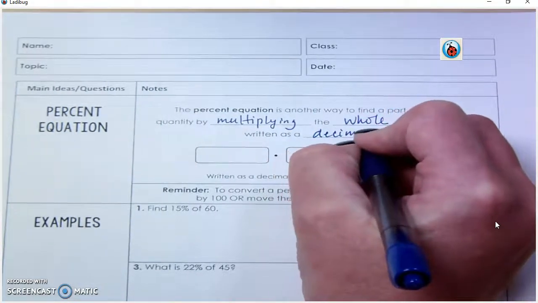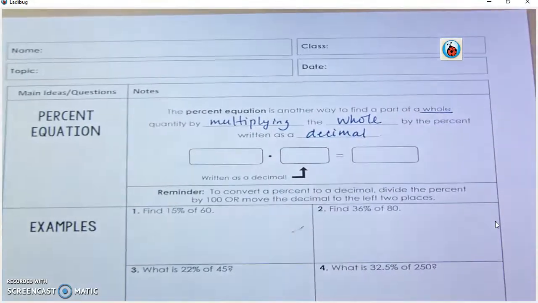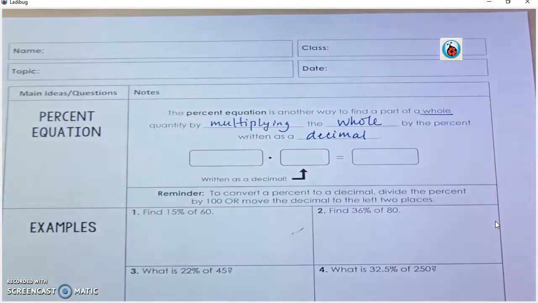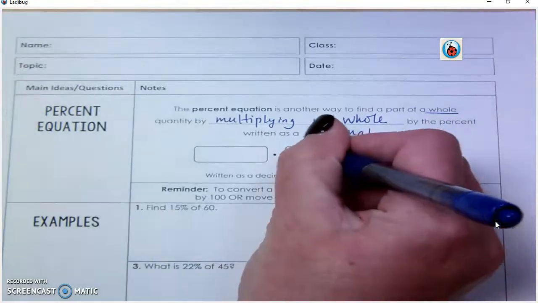Yesterday I asked you guys to do part of your work on the calculator and your smartphones. Your smartphone will change your number into a percent by using that special percent symbol.